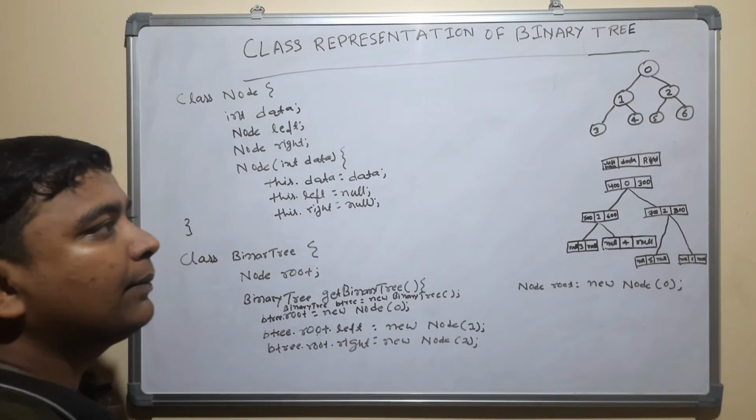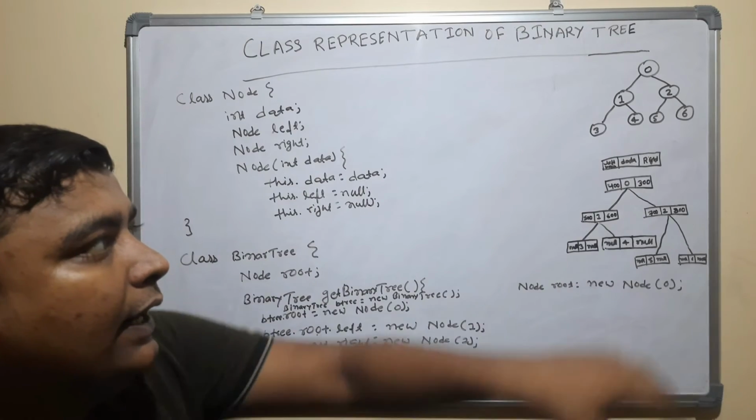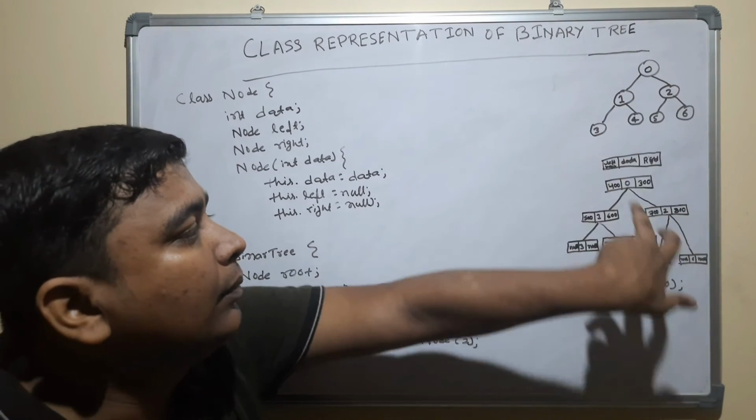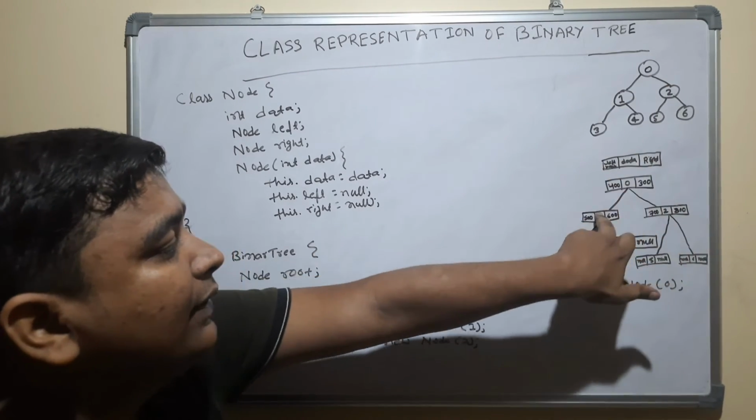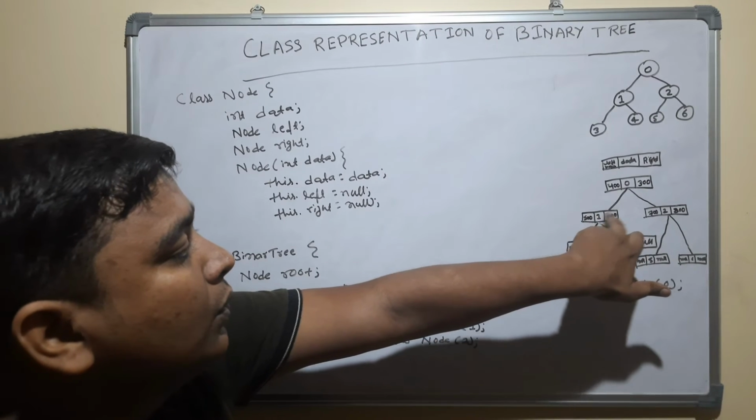So as of now we have created root, and after taking root node, this left pointer and right pointer I have initialized with this node and this node.